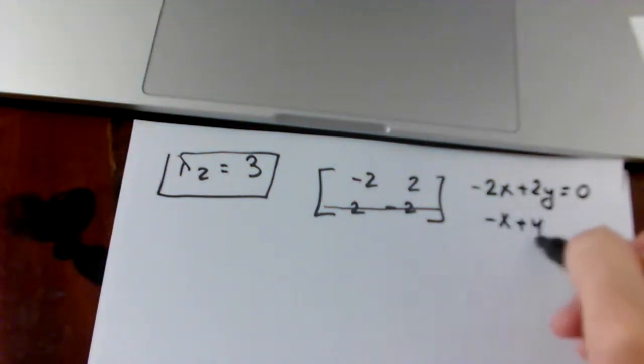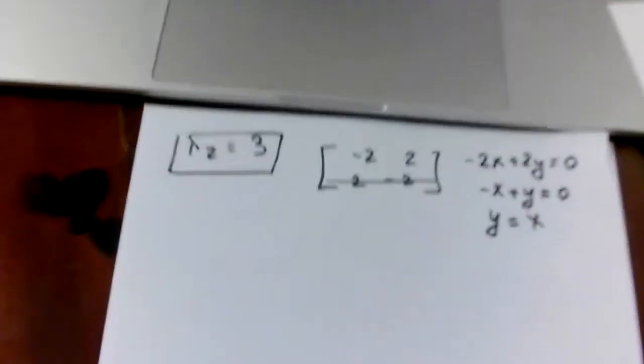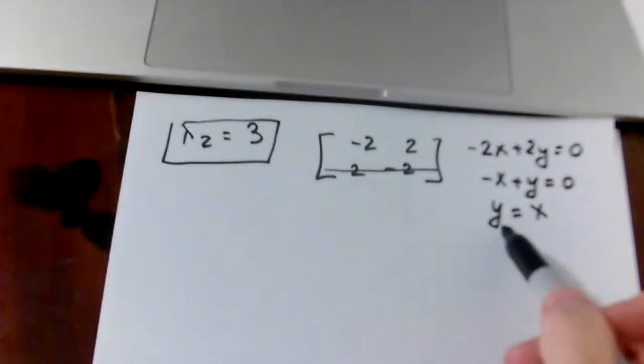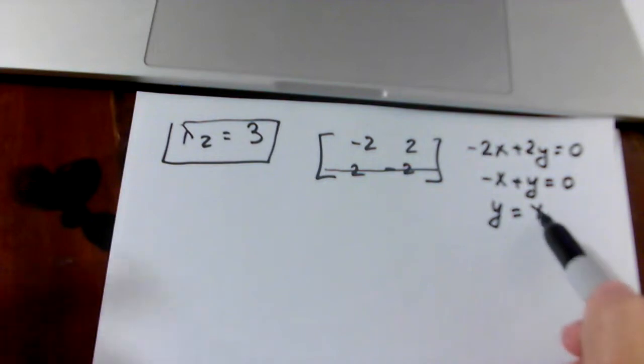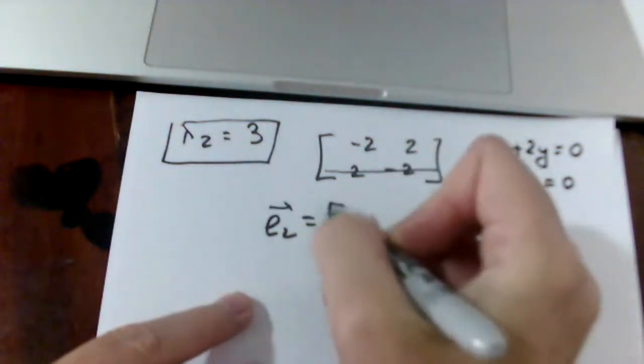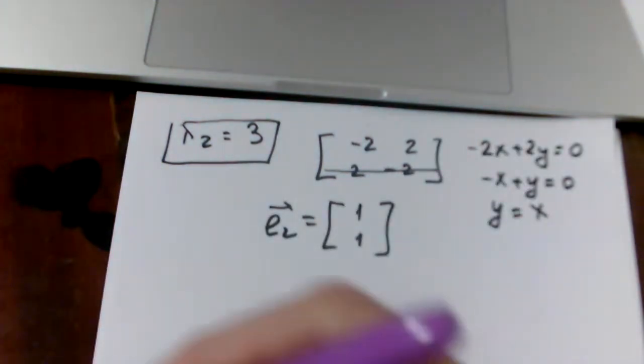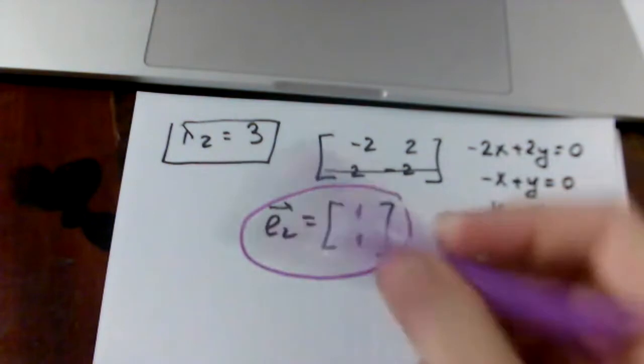Again, I divide it by 2. And if I express y in terms of x, it's even easier. You can maybe see that the numbers 1 and 1 satisfy this equation. So these are the coordinates of our eigenvector. Very nice. So I have no doubts that you all like this trick.